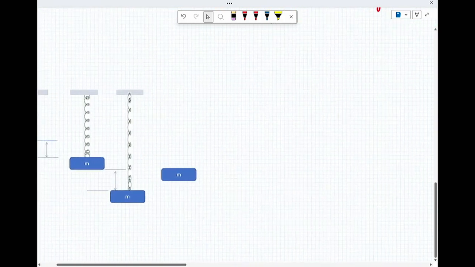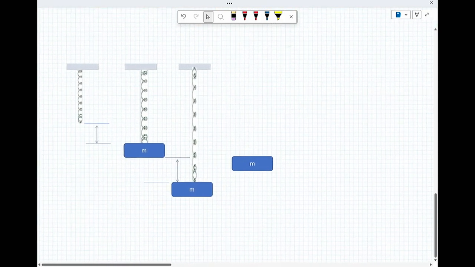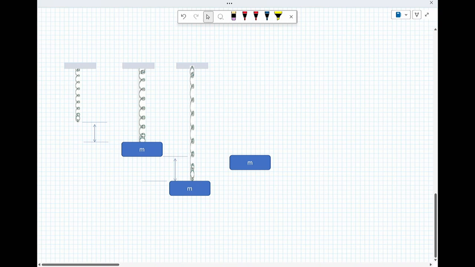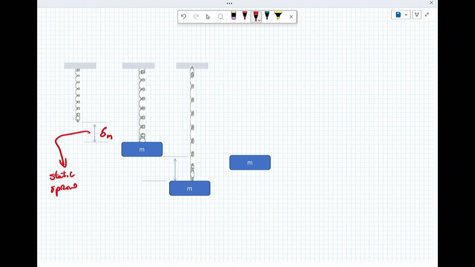I gave more room for the spring. I can do the same thing, but with another orientation.